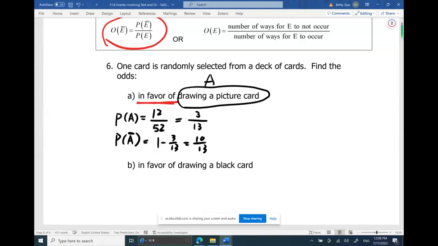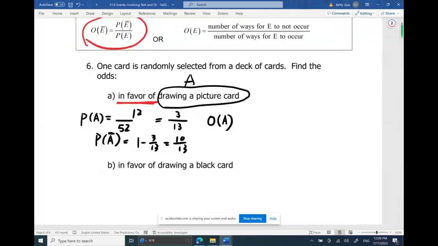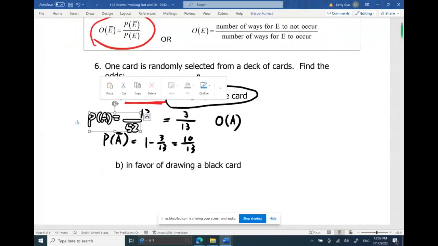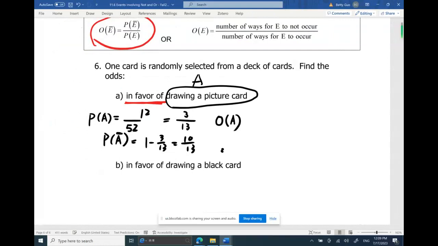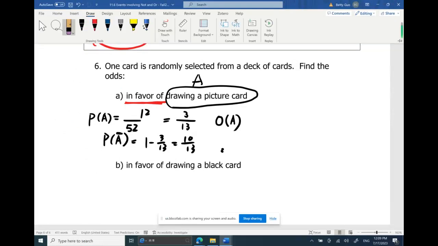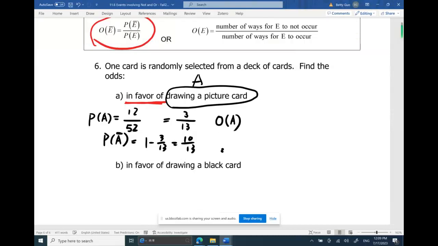All right, so let's find the odds. The odds of favoring A, that's the notation. Sometimes I just write the words down. The odds of favoring A would be P of A over P of A bar.